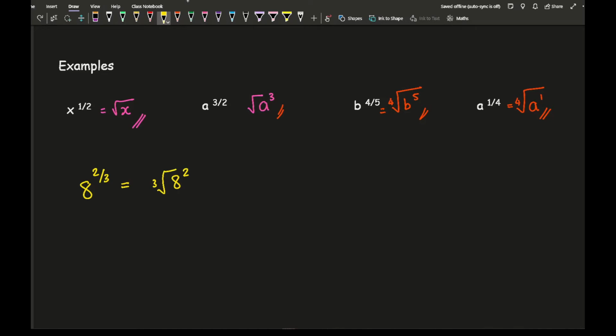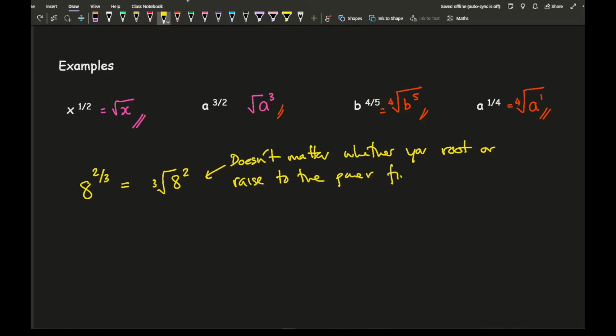Now it doesn't really matter whether you root or raise to the power first. However, you will find one being easier than the other.